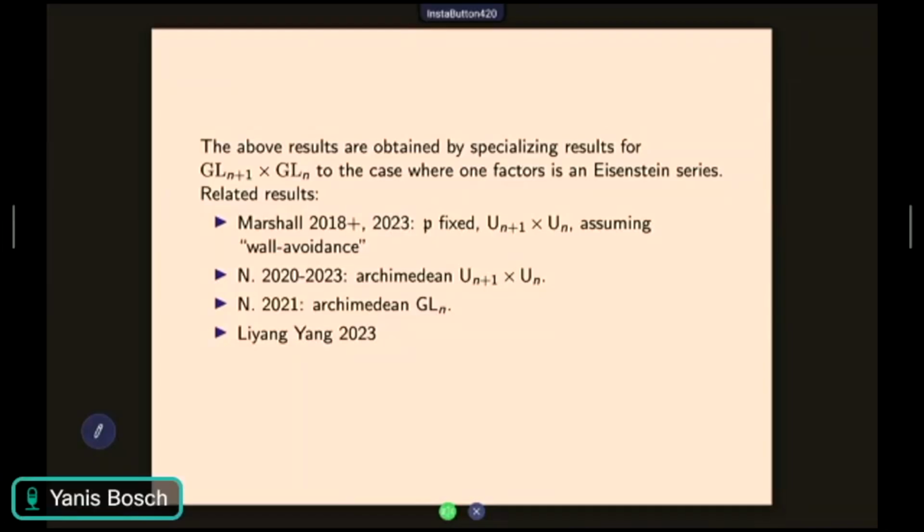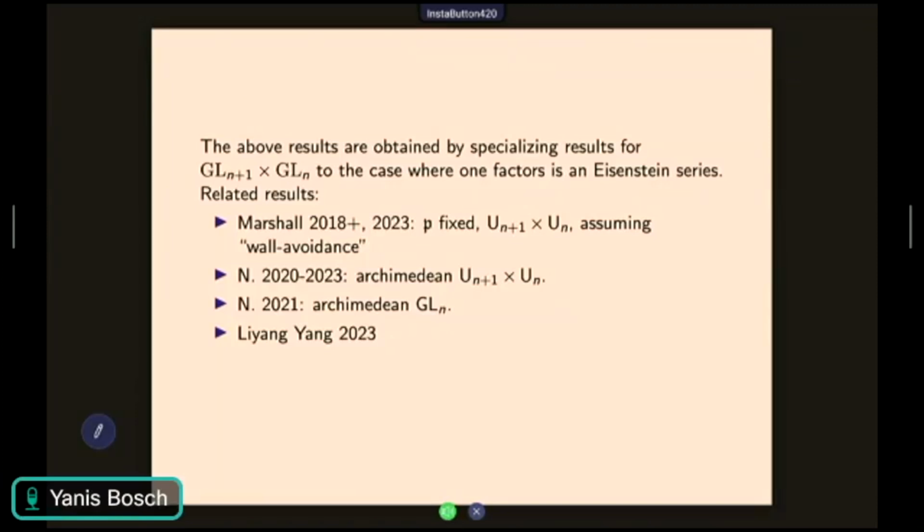And so in this more general setting, where maybe you also allow yourself to replace GL(n) with a compact quotient variant defined using unitary groups, there's some work of Simon Marshall establishing bounds, assuming some additional conditions, and then I had an earlier paper also establishing bounds without those conditions.